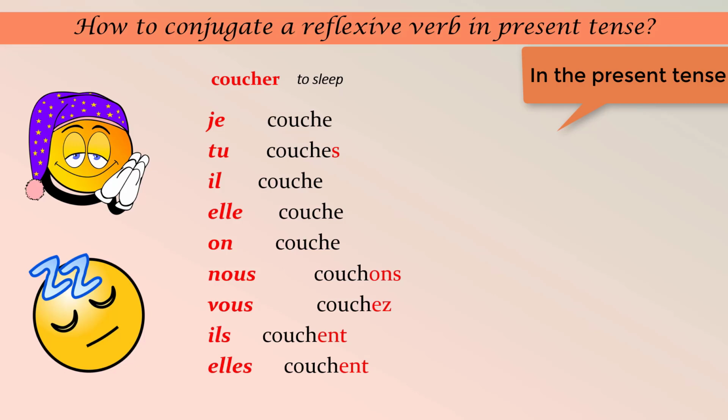If we want to conjugate coucher in a reflexive form, it is se coucher, which means to go to bed. You need to add me, te, se in between the subject and the verb. Je me couche, tu te couches, il se couche, elle se couche, on se couche, nous nous couchons, vous vous couchez, ils se couchent, elles se couchent.